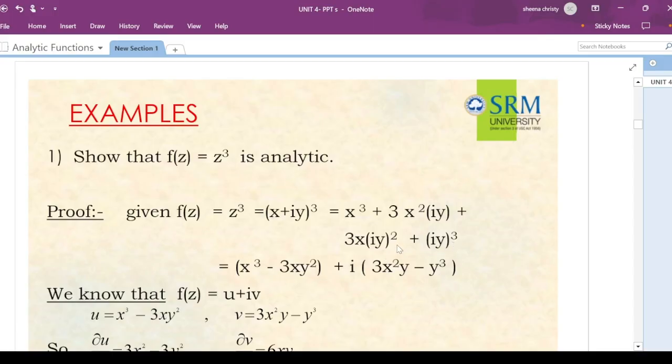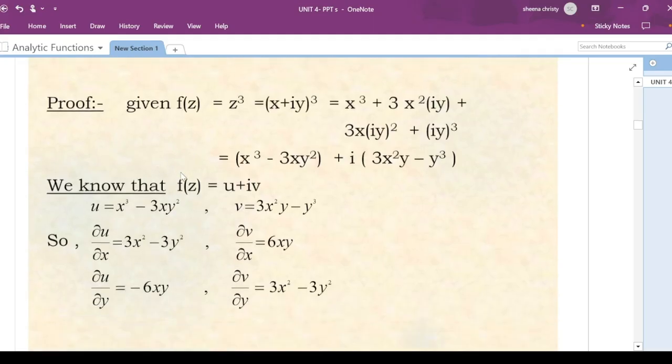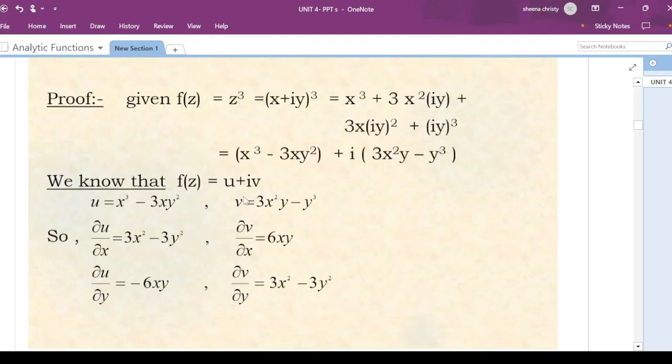Now, separating the real and imaginary parts, you will get x³ − 3xy² + i(3x²y − y³). By considering f(z) = u + iv, you are going to have u = x³ − 3xy² and v = 3x²y − y³.